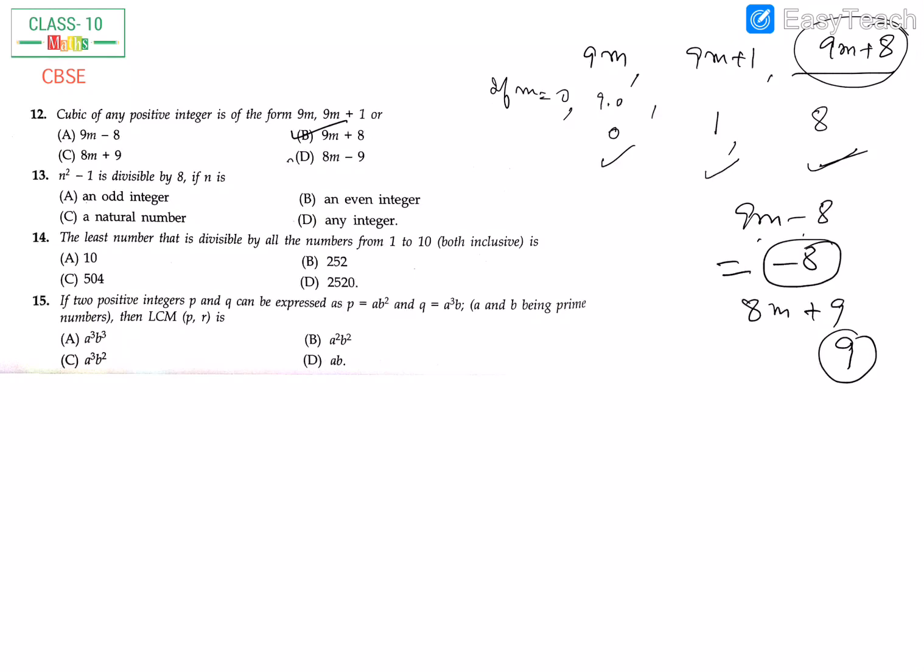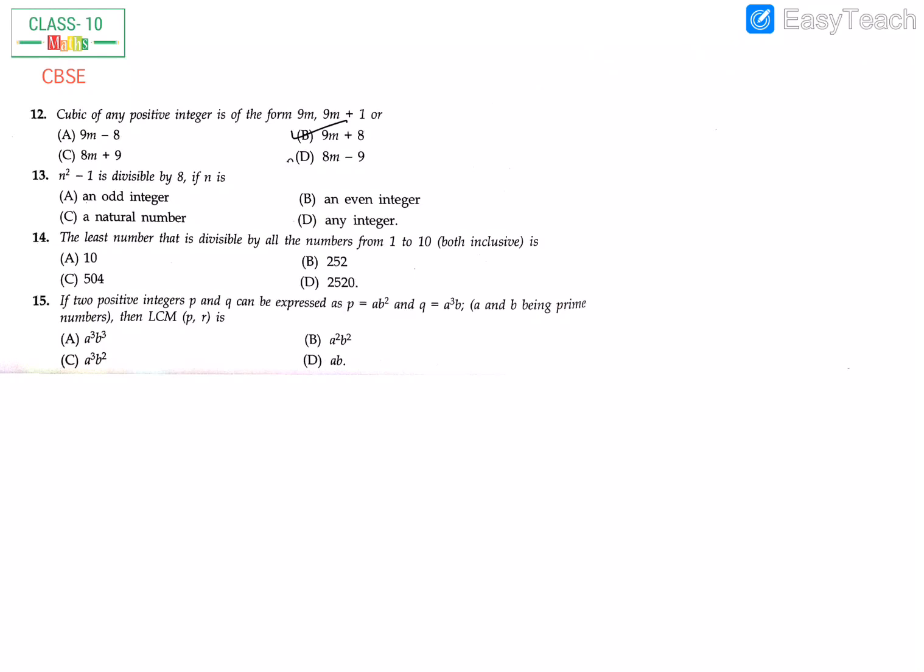Question number 13. N square minus 1 is divisible by 8 if n is an odd integer, an even integer, a natural number, any integer. Here n square minus 1 can be written as n plus 1 and n minus 1.